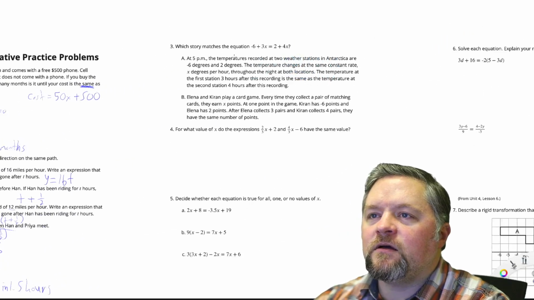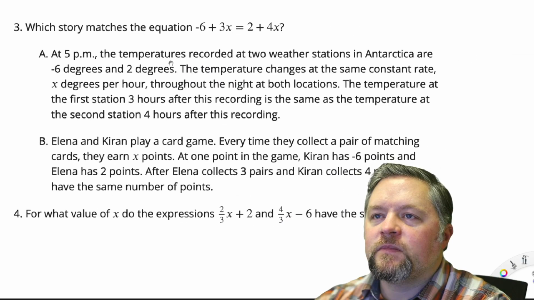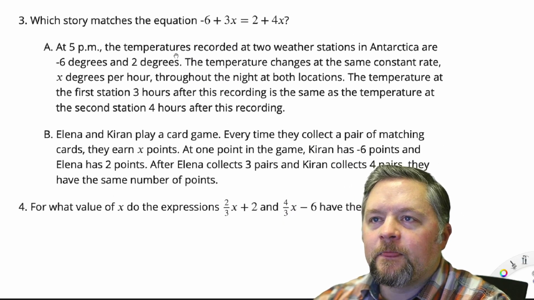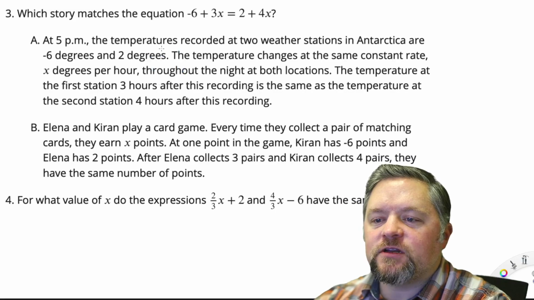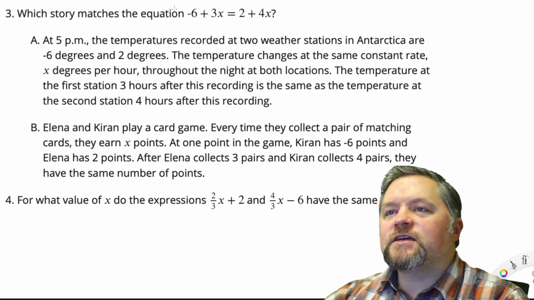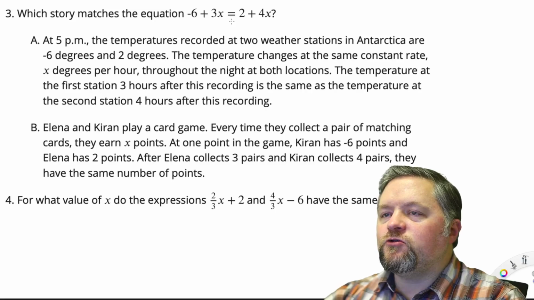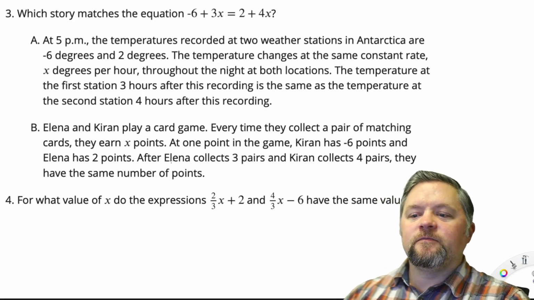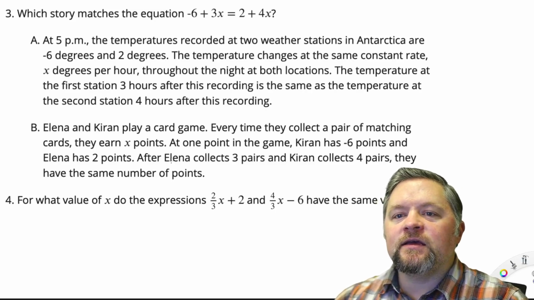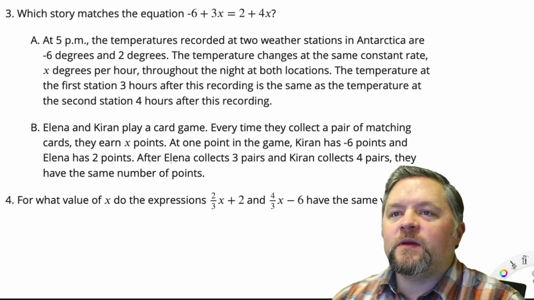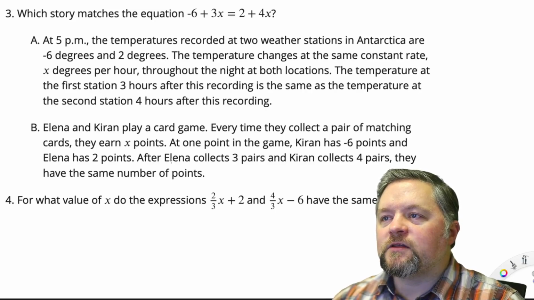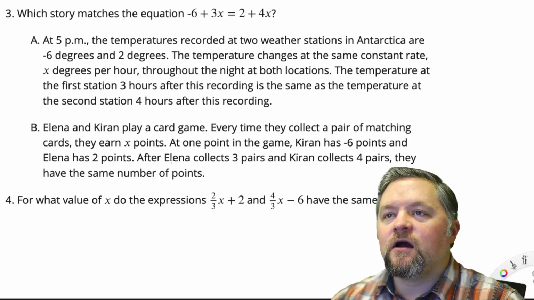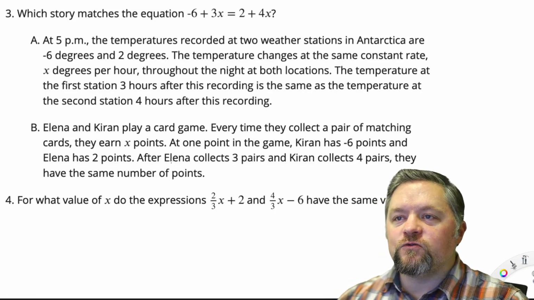Okay, number 3. Which story matches the equation -6 plus 3x equals 2 plus 4x? So we get two big long stories here. Story A is at 5 p.m. the temperature recorded at 2 weather stations in Antarctica are -6 degrees and 2 degrees.